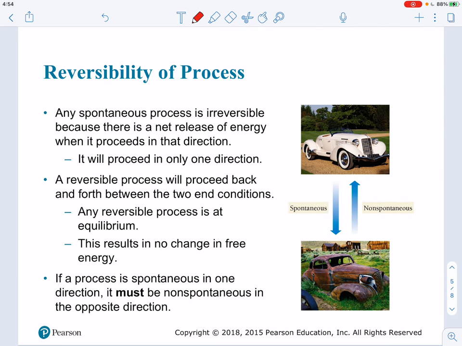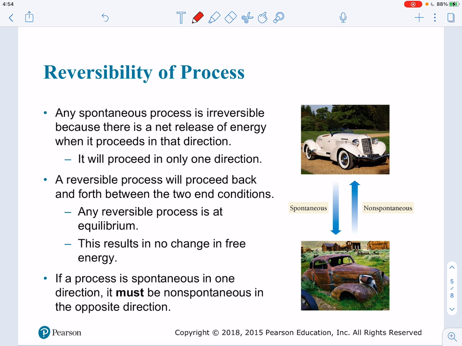Now, that spontaneity also controls some processes that could be reversible. Technically, spontaneity drives the direction. If that reaction can occur in both directions, let's say forward and reverse, then the spontaneity can control one of them.